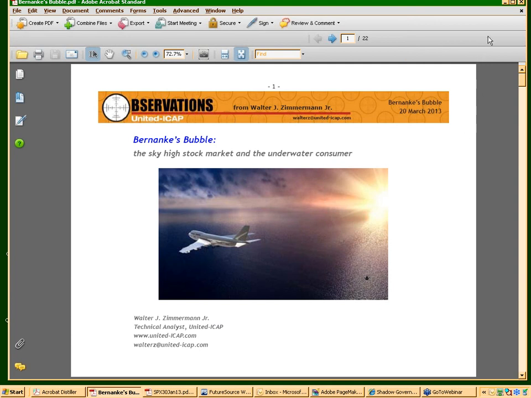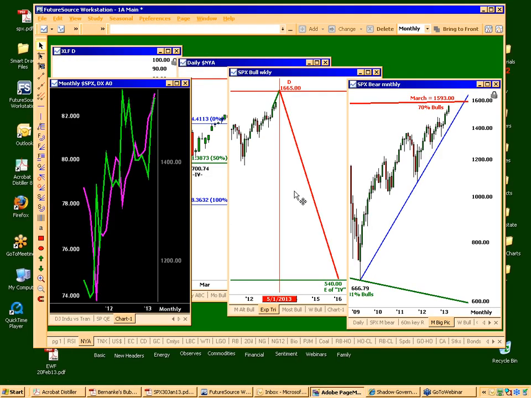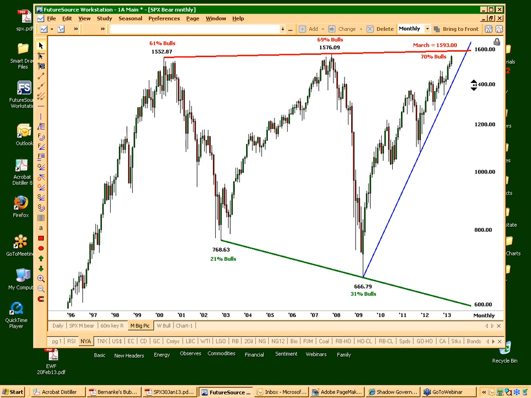But before we get into the material here, I wanted to review the background for this webcast. And that background is that this whole pattern that we've been in since the internet bubble peak, this is a monthly S&P 500, the larger pattern suggests what's known as a broadening top.